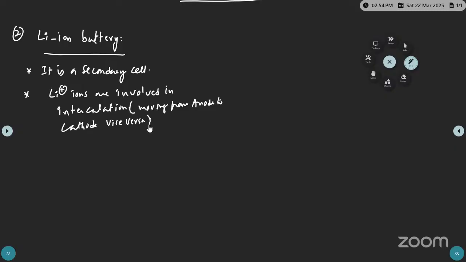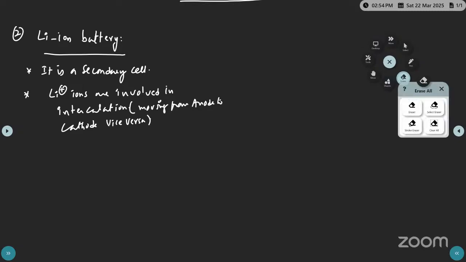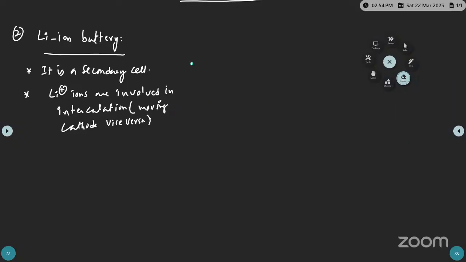That is the migration or moving of lithium ions from anode to cathode and vice versa.